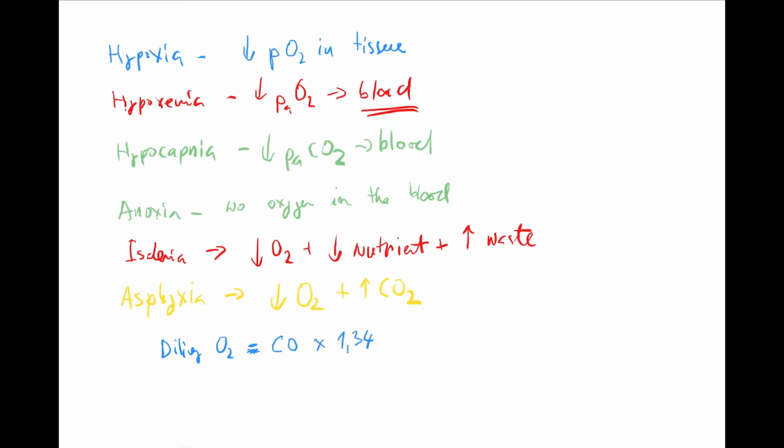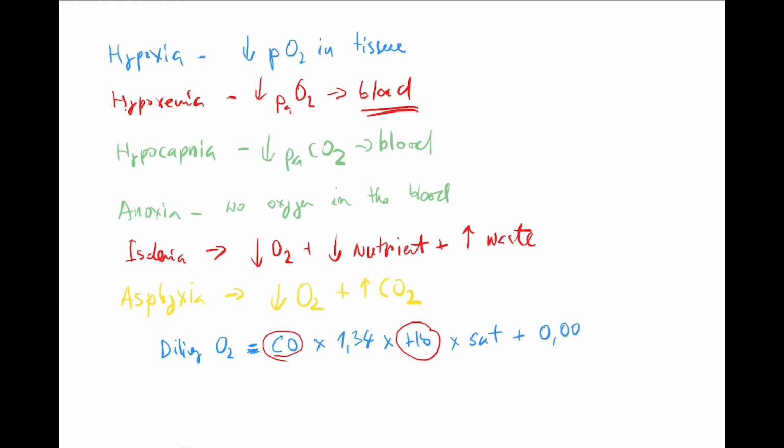34. So the first factor is cardiac output. The other one is hemoglobin. Hemoglobin is crucial, and we're going to talk about this today and also in the other. Then there is saturation. And then this part talks about actual dissolved oxygen.